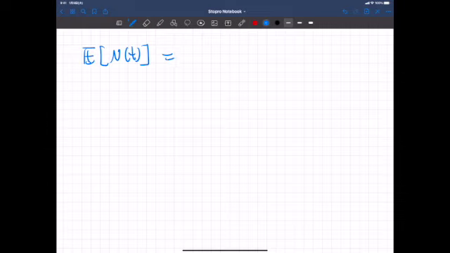This is given by the derivative of the generating function with respect to s, evaluated at s equal to 1.